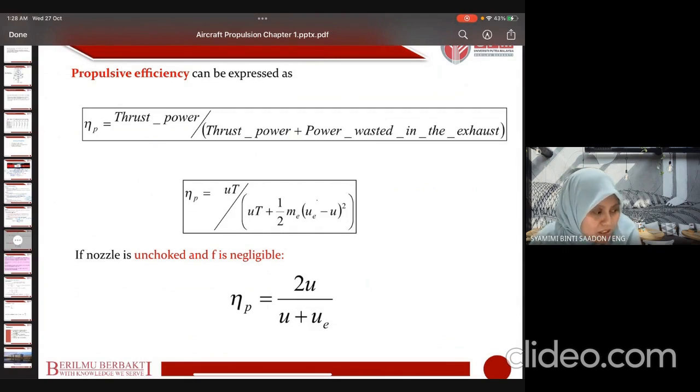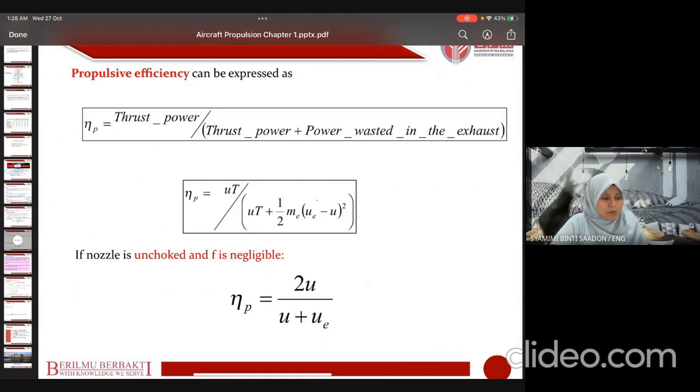Propulsive efficiency is used to evaluate the efficiency of the engine. It is written as thrust power over the thrust power plus the power wasted, the total power. Okay, so it's written like this.